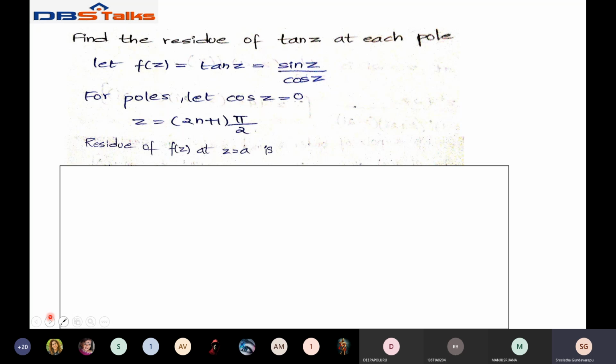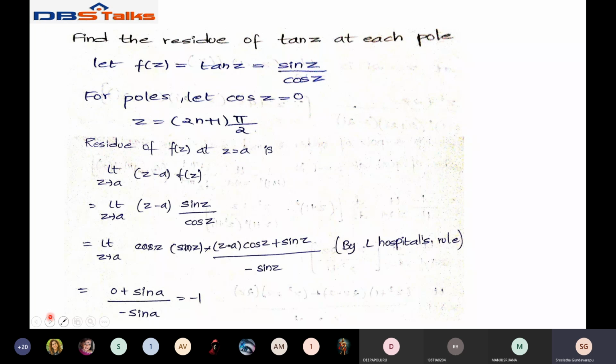Next, to find residue of f(z) at z equal to (2n+1) pi/2, we substitute n equal to 0, 1, 2, 3 and so on. So poles are z equal to pi/2, 3 pi/2, 5 pi/2 and so on.